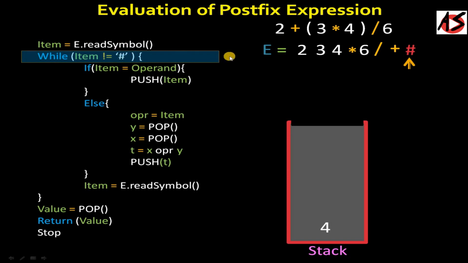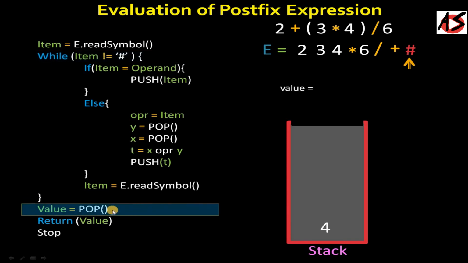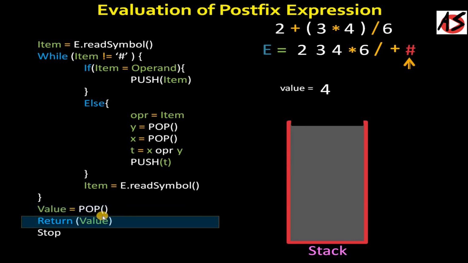So it breaks the loop and we are moving to the next instruction, that is value is equal to pop the entry. So here we will pop the entry, that is 4, and that is our final value. So you can straight away return the value and you will stop the algorithm.